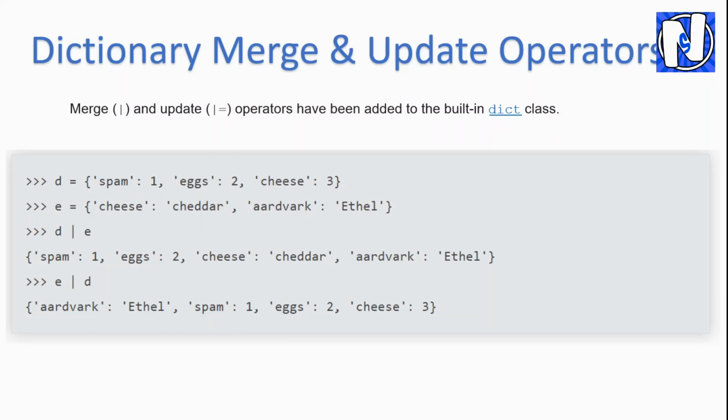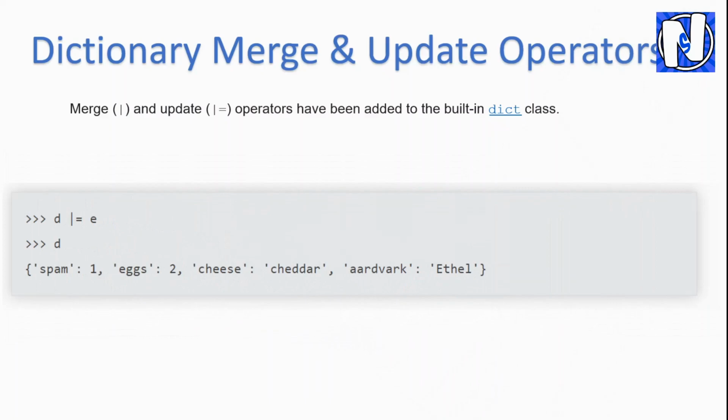If we merge D to E, then the cheese element, 3, is now replaced by the dictionary E value. And in the next line, you can see E is merged to D. Therefore, the E dictionary will come first, and afterward the dictionary D will come.